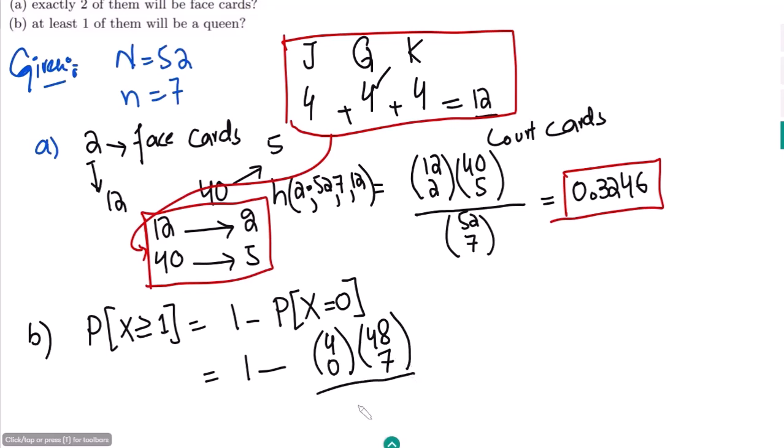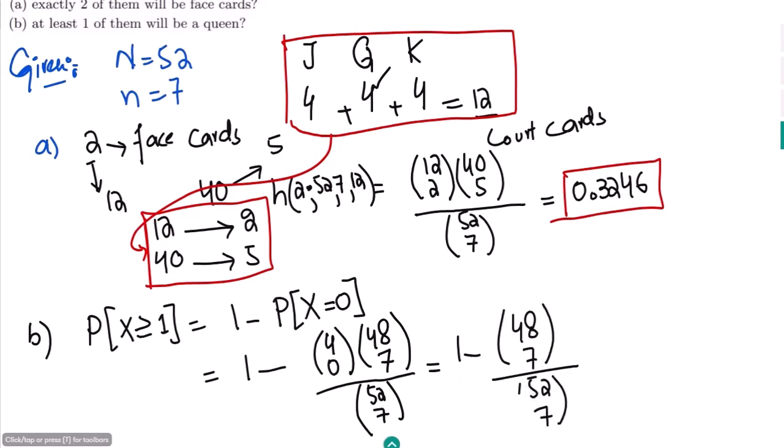Dividing it over the total number of cards, which is 52 choose 7, it would become 1 minus 4 choose 0, which is 1, times 48 choose 7, whole divided by 52 choose 7. The answer of it would be 0.4496, and that is the solution of part B of my question.